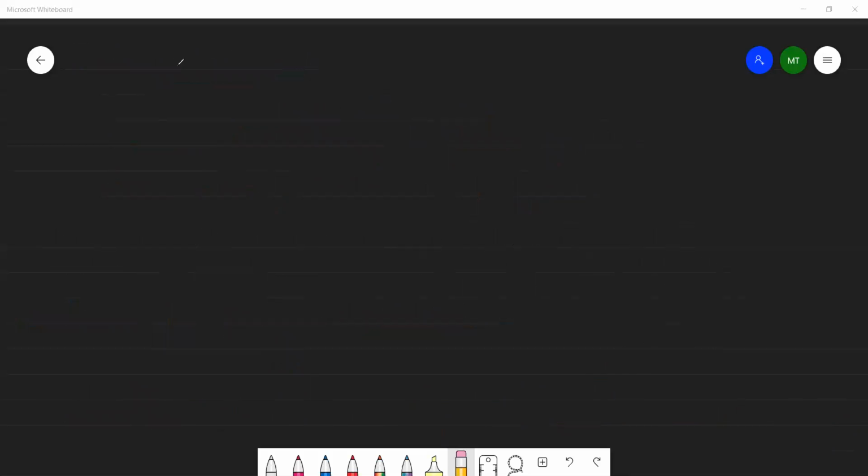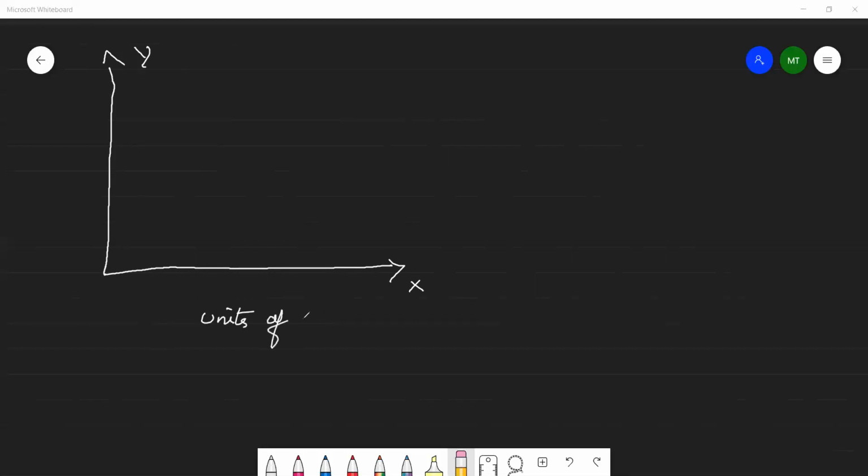First, you draw the diagram. So x-axis, y-axis. Units of labor, then units of capital.